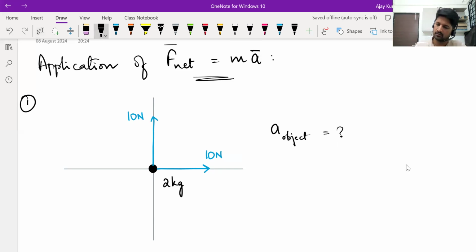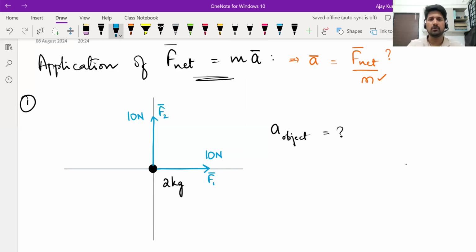From this formula itself, you get the acceleration of the system as the net force acting on it divided by the mass. Mass is clearly given to you. F net is not directly given. You have to calculate that first so that you can find out the acceleration. For convenience, you can call the forces F1 and F2. Solve it quickly, all of you. I'll give you 2 minutes.